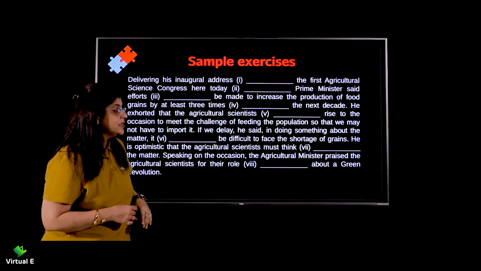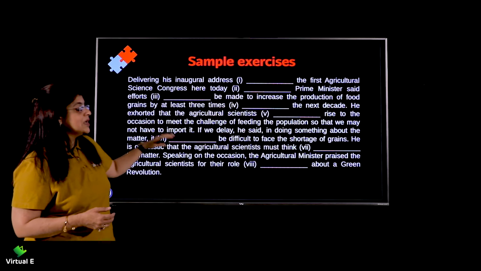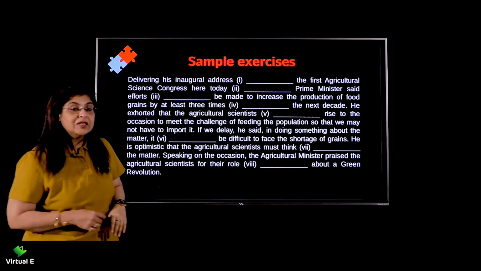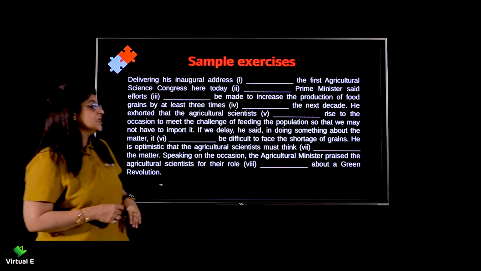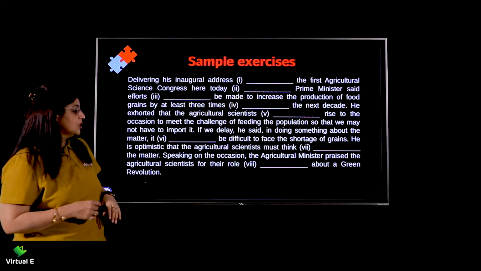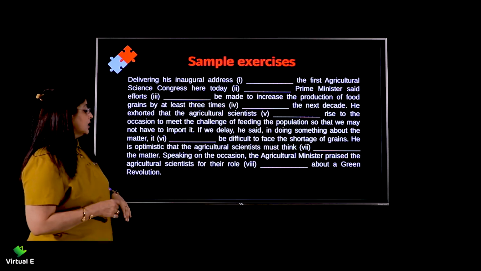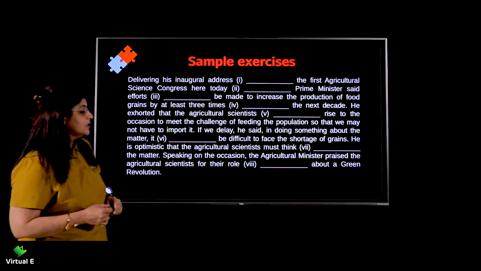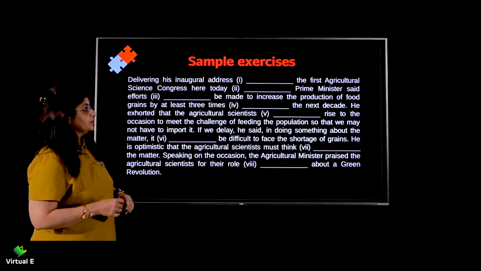If we delay, he said, in doing something about the matter, it would be difficult to face the shortage of grains. He is optimistic that the agricultural scientists must think over the matter. Speaking on the occasion, the agricultural minister praised the agricultural scientists for their role in bringing about a green revolution.